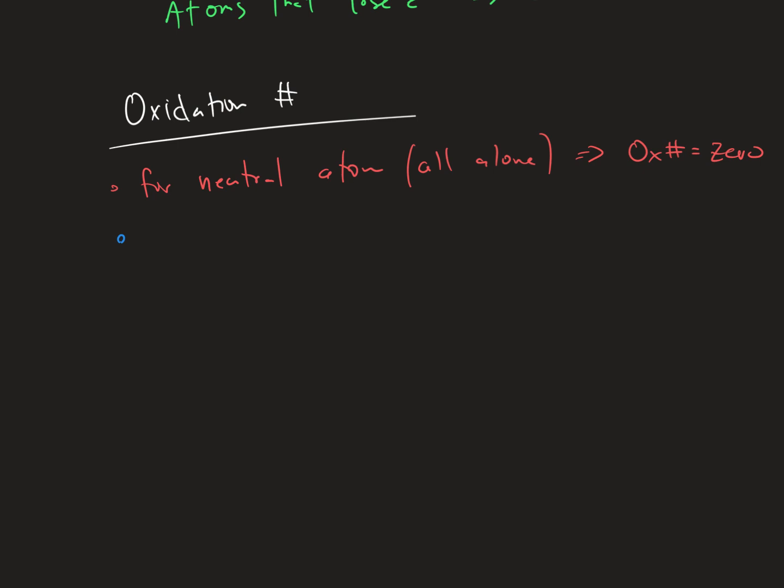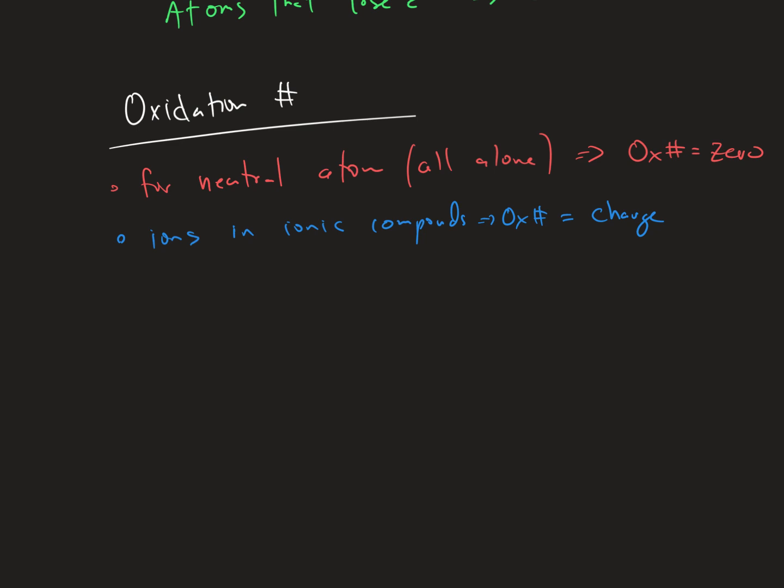The next one, ions in ionic compounds: their oxidation number is equal to the charge of that ion. Just like we demonstrated earlier. So those are pretty straightforward.